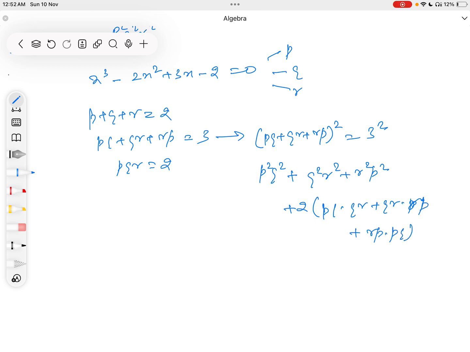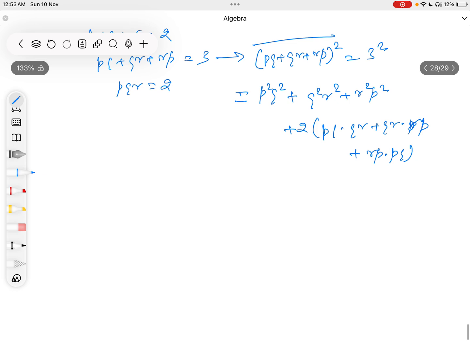If you remember, in the very first lecture I told you that (a plus b plus c) whole square is a square plus b square plus c square plus 2 times of ab, bc and ca. And that is exactly what I have done. Just use that simple identity.